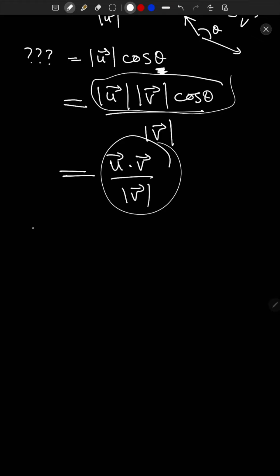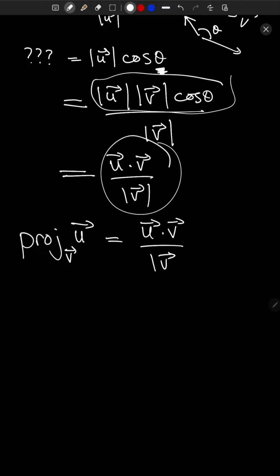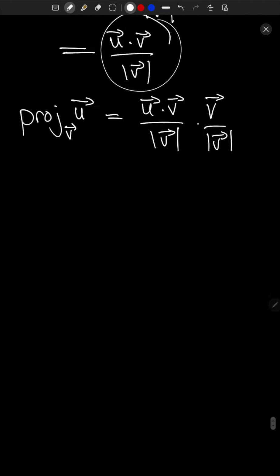And we said in the last lecture that you can write a vector as the product of its length and a unit vector. So if we put the two bits of information together, the projection of u onto v can be written as the length, which is u dot v over the length of v, times the unit vector in the direction of v.